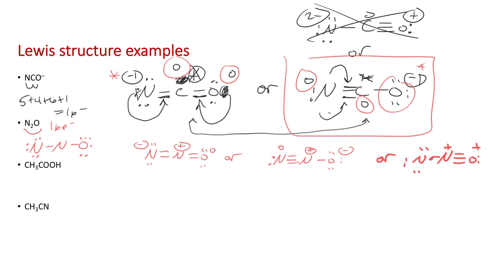So I got 1, 2, 3, 4, 5, 6, 7, 5 minus 7 minus 2. So this one's definitely the worst. And then this one's definitely the best.